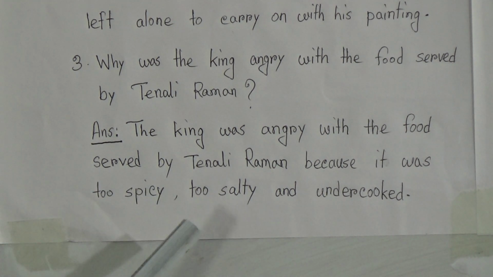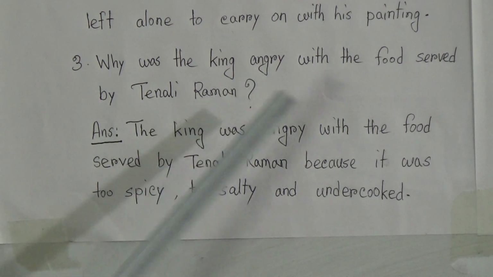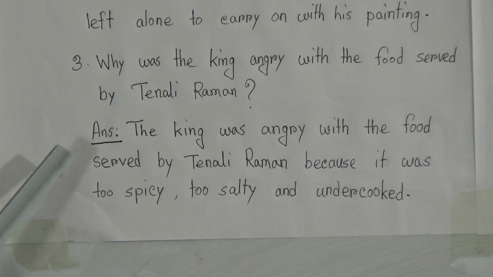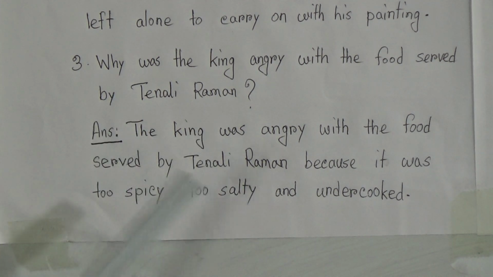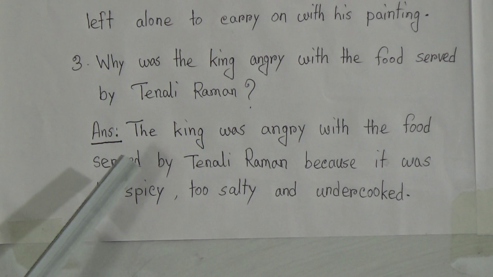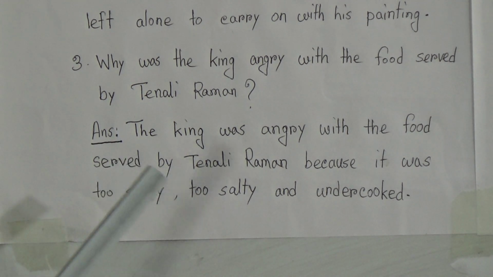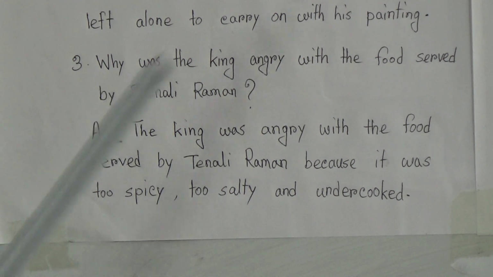So everyone in the kingdom asked Tenali Raman, who was the jester and the wise person of the court, to solve the problem. Then Tenali Raman thought of a plan. He invited the king and his minister to his house for lunch, and he appointed a carpenter to cook. When the carpenter cooked, the food was too spicy and too salty and undercooked, and it made the king very angry.